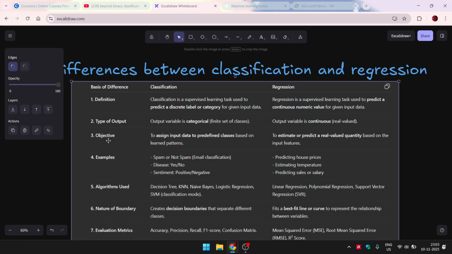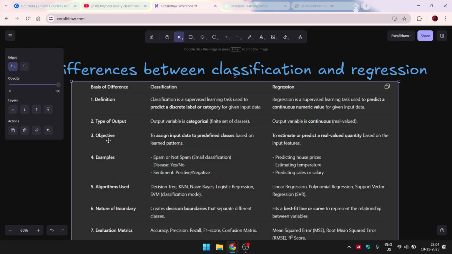So in the training data we have defined the classes of that data, that is, some emails are spam, some are not spam. Okay, so if we get new input data, on the basis of those patterns we can predict what the class of that new input is.